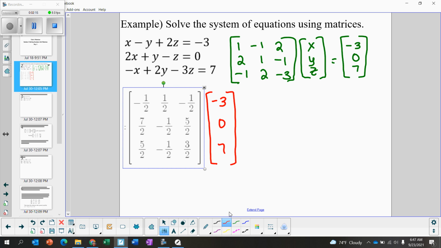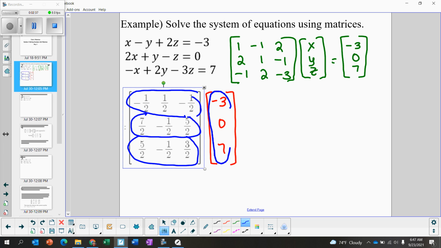So remember rows by columns, rows in the first. Oh, can't see that that's a 5 there. All right, and we have our single column in the second matrix.